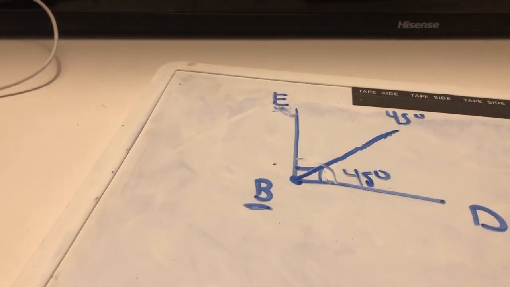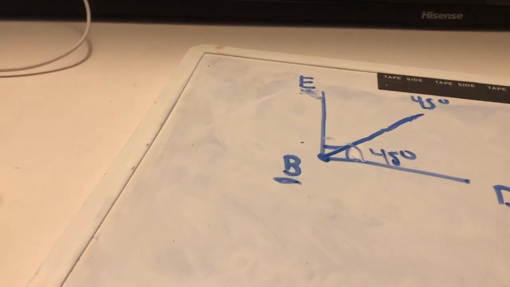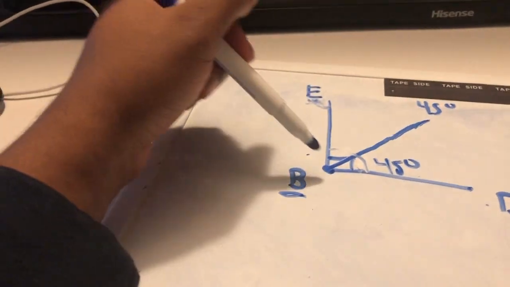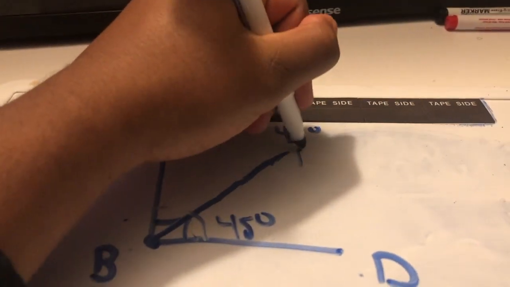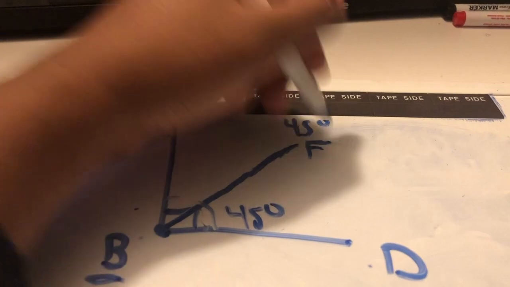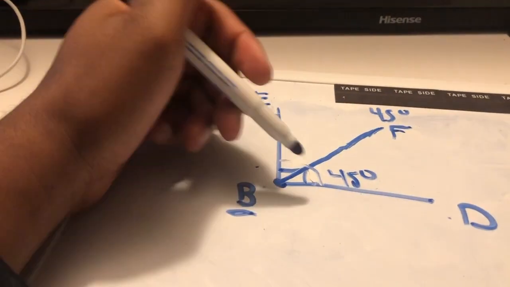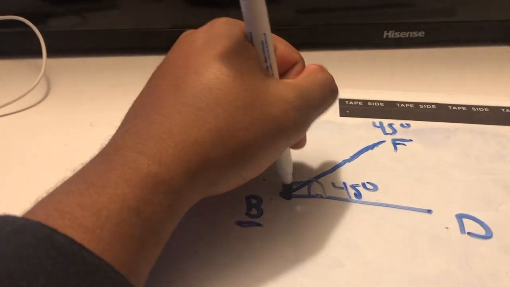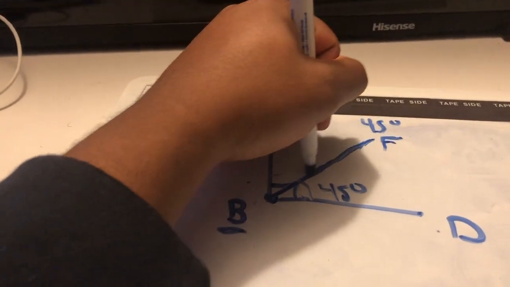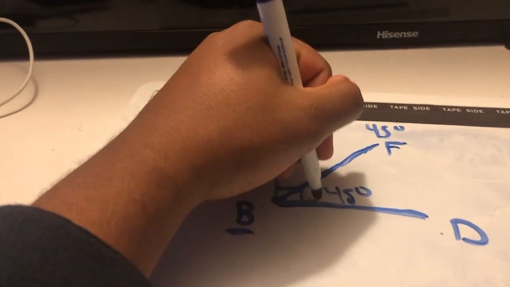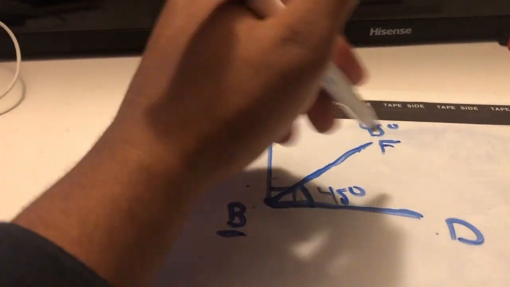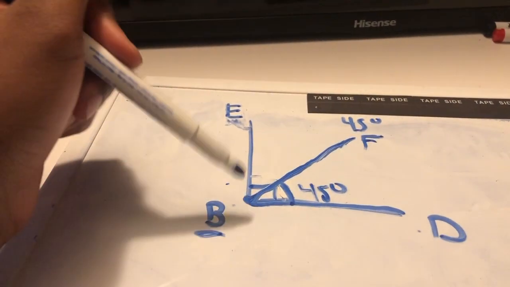Now that we've bisected it, we're going to make this new line F. So angle EBD was the 90-degree angle. Now that we formed a new angle here, with a 45-degree angle, this becomes a new angle, as you can see here.